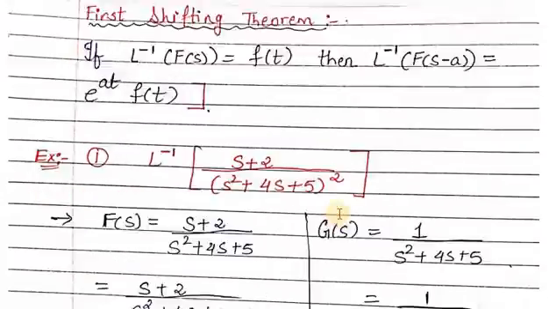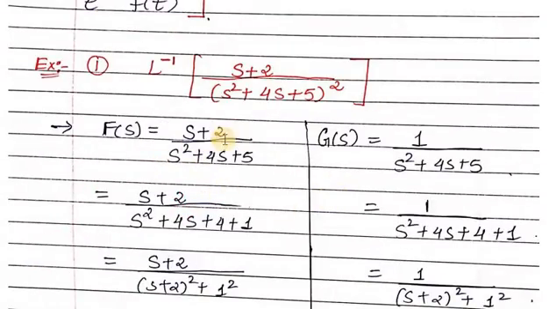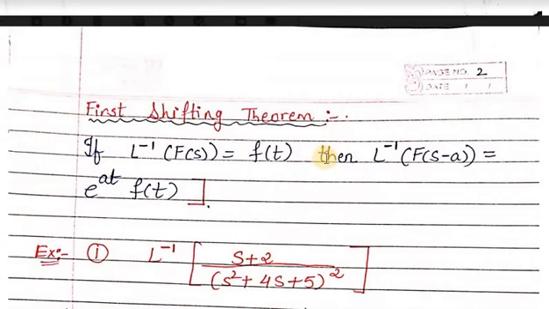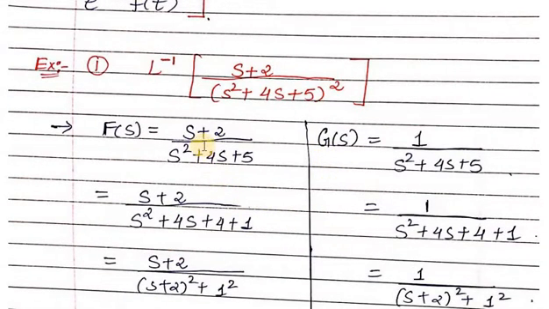Okay, so now we will find the inverse Laplace of this function, that is s plus 2 over s square plus 4s plus 5. We will find the inverse Laplace transform of this function with the help of the first shifting theorem. In the numerator we have s plus 2, and in the denominator we have s square plus 4s plus 5.